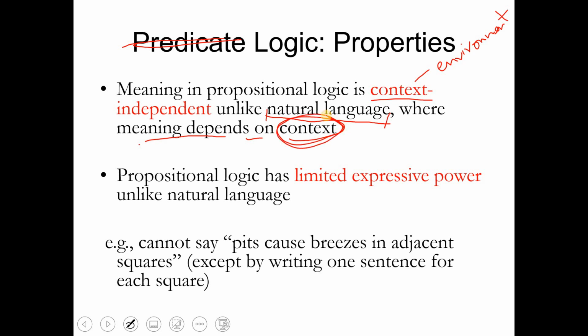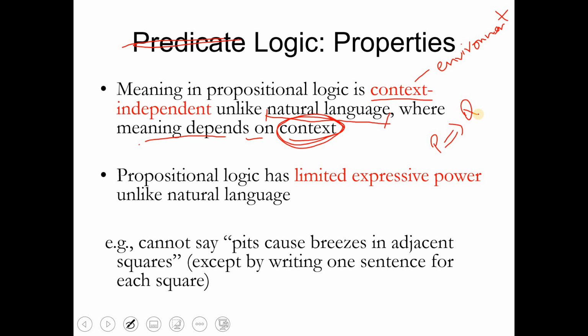But the good thing about propositional logic is it is context independent, free of context. You say P implies Q. You can say it politely or you say it in anger. It has the same meaning. So any type of emotion does not have any effect on this sentence in this language.